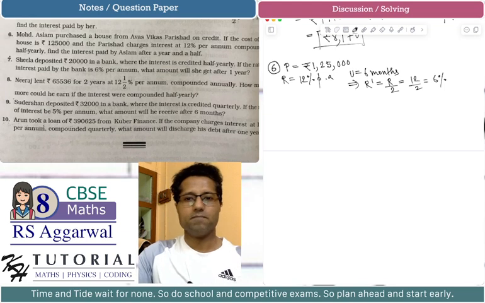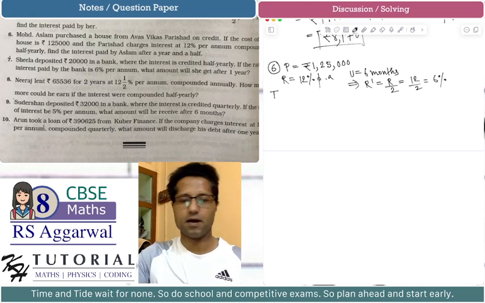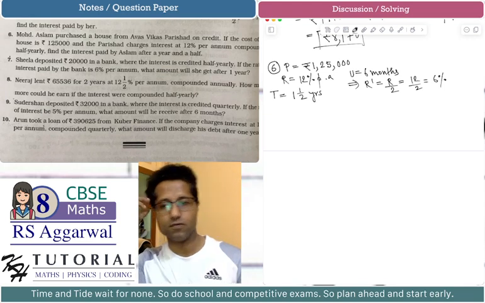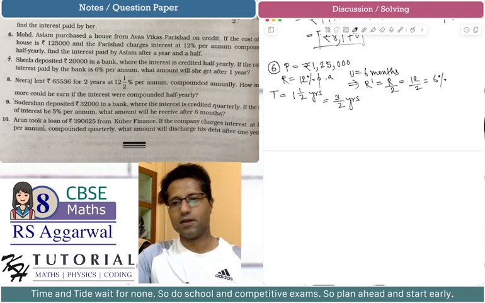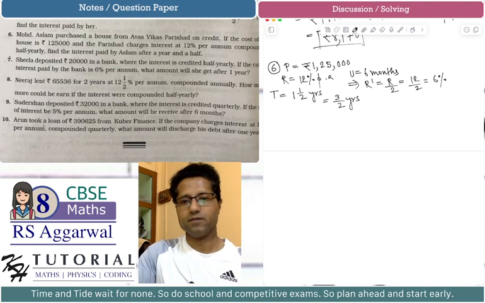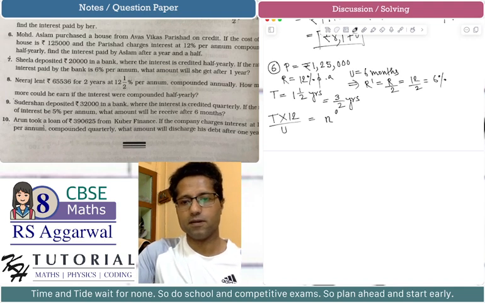Okay. Also, what is T? Find the interest paid by Aslam after a year and a half. So T is equal to 1.5 years, that is 3 by 2 years, and we have to find the compound interest that Aslam needs to pay to the Parishad. Now we need to find the small n and the fraction a by b, which will come from the value of T multiplied by 12 divided by U, as a mixed fraction n and a by b.